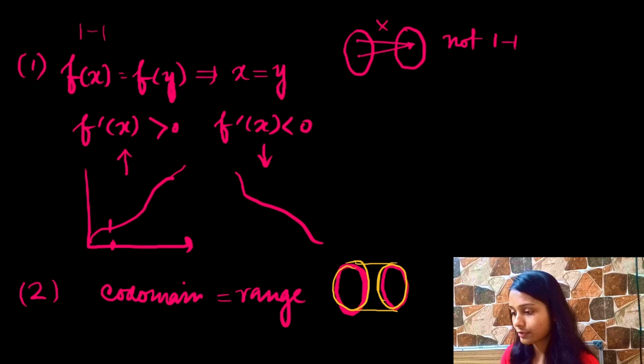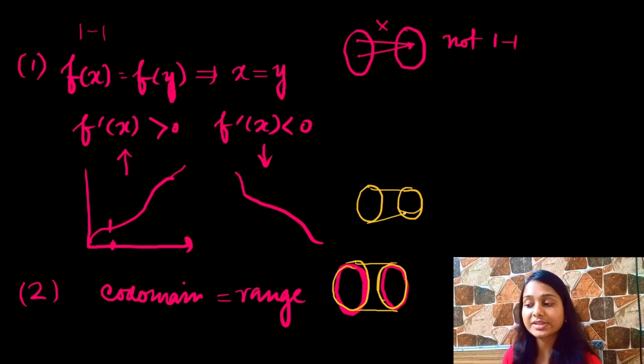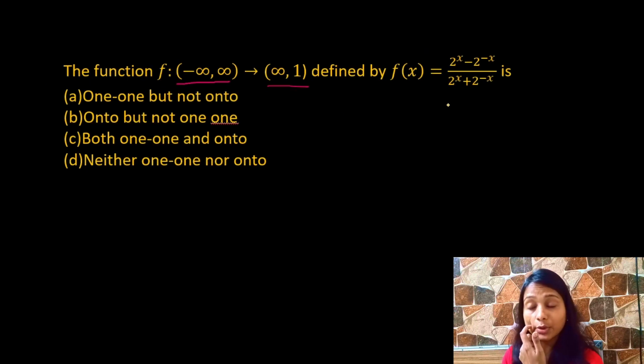If we have a case where the domain is mapped to some proper subset of the codomain, then that function will not be onto. For being onto, the codomain must be equal to the range. So let us now come to the function in the question. So this is the function in the question, this one here.